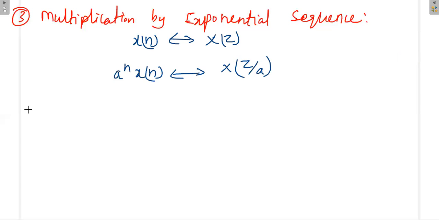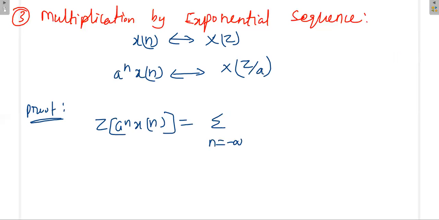So now the proof. The z transform of a power n x of n is equal to summation n from minus infinite to plus infinite of a power n x of n z power minus n.